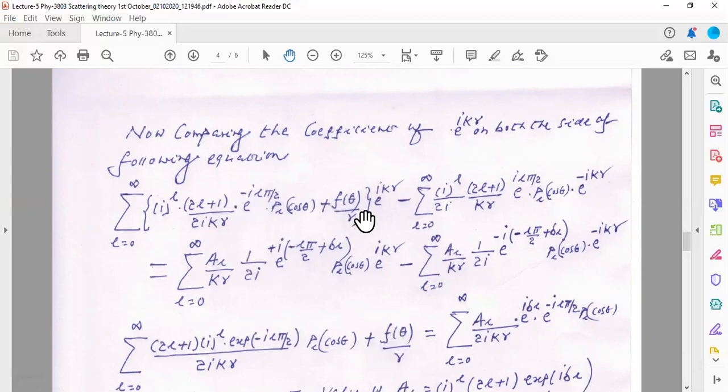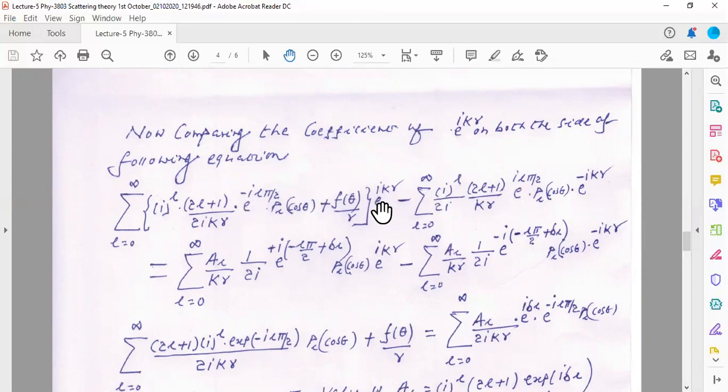Because this curly bracket should come here, and then f(theta) over r, and then e to the power of ikr is multiplied with this term, and e to the power of ikr is multiplied with this. So please note down this.